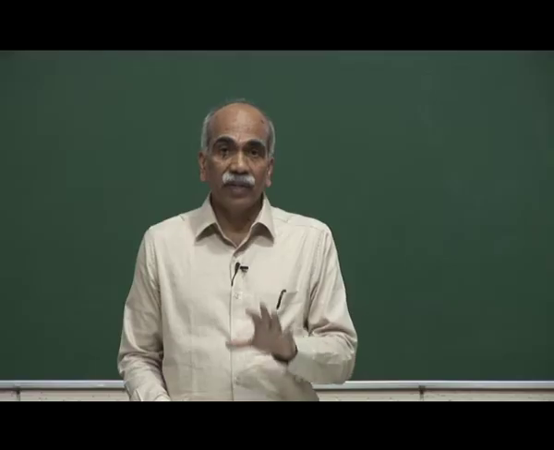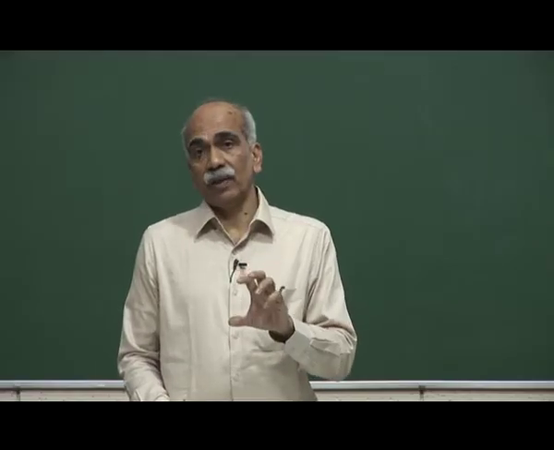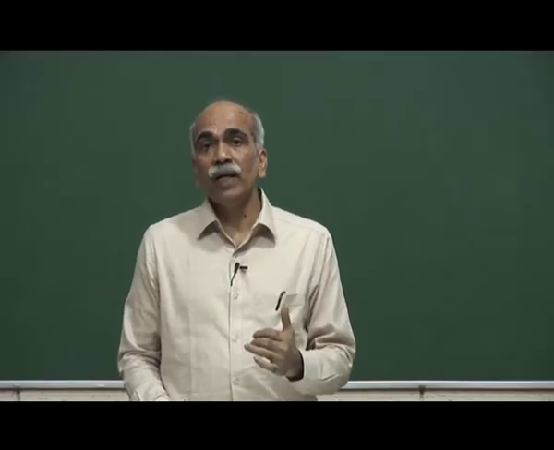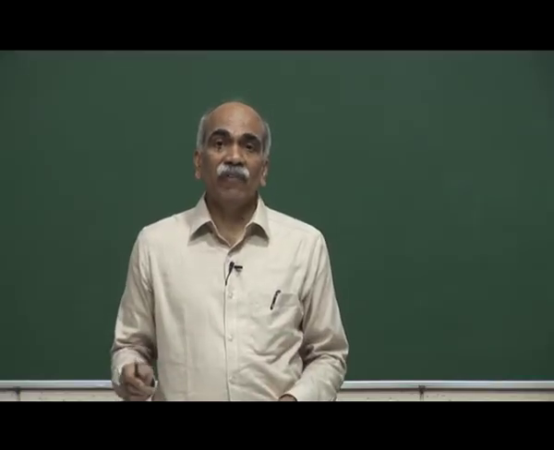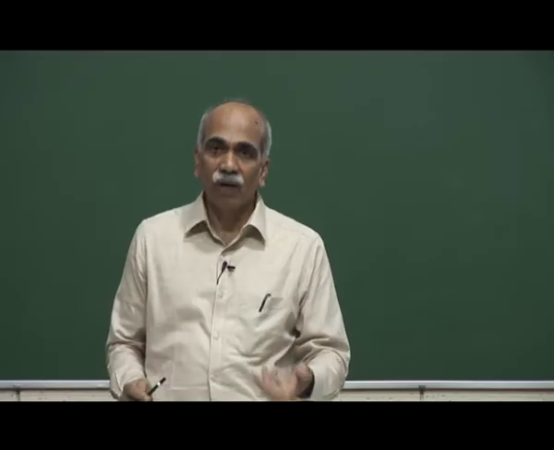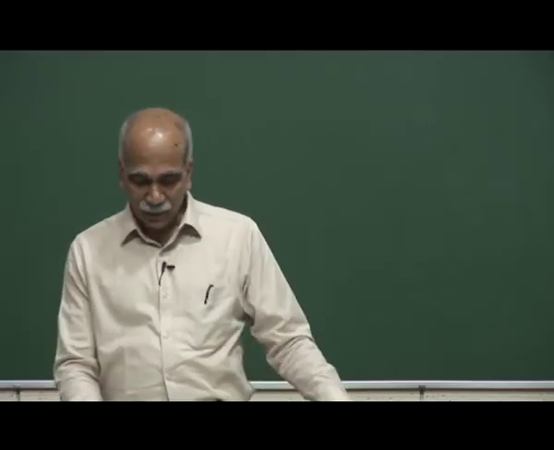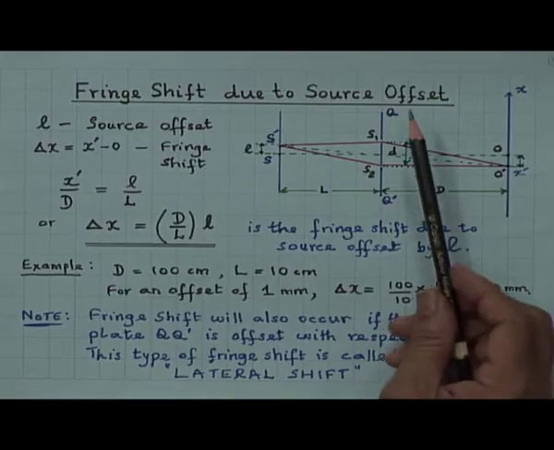Earlier we have seen the fringe shift in terms of the phase shift, delta phi by 2 pi into beta. Now we get an expression for the fringe shift in terms of the offset. So, let us see that. Here is the fringe shift due to the source offset.